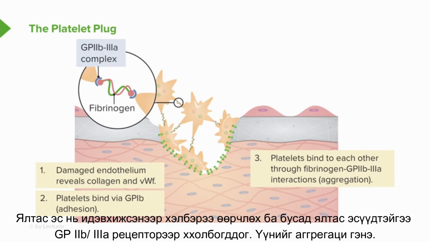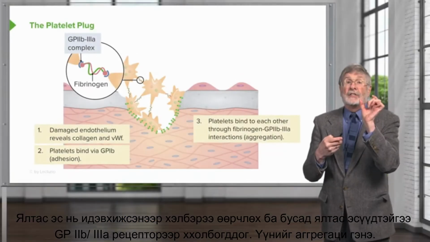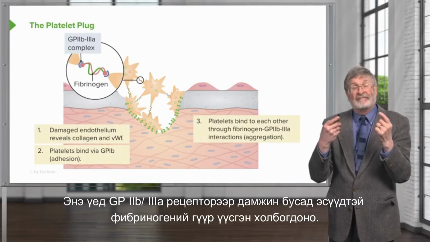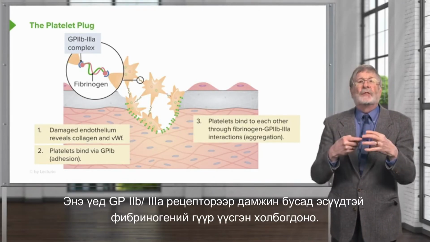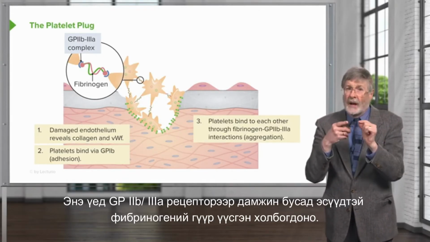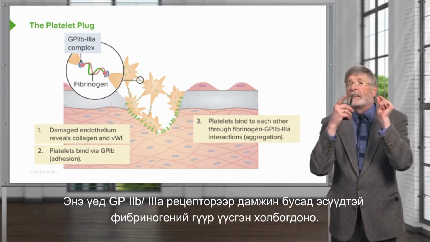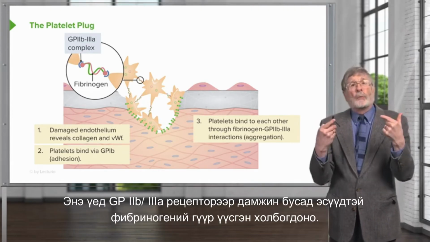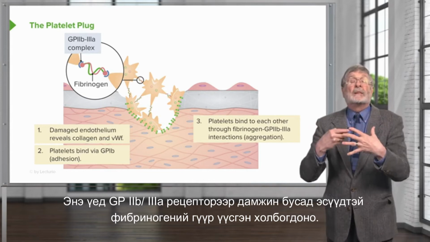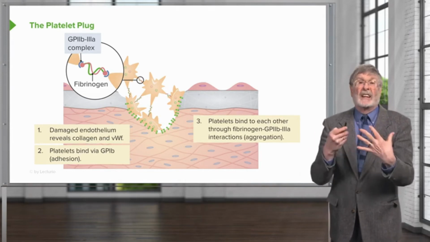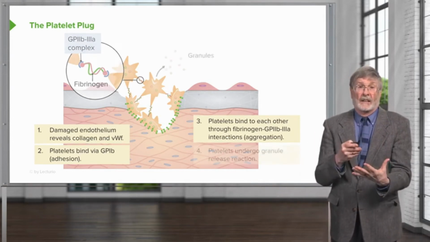That's shown in the upper left-hand side. That GP2b3a complex binds to fibrinogen, not the polymerized fibrin, but fibrinogen, and that will bridge between platelets so we can build that definitive secondary hemostatic plug.